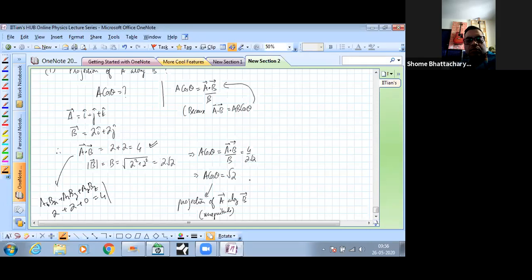Understood, no? 2 divided by root 2 is the same thing as root 2, no? 2 by root 2 is the same thing as root 2. Yes, Ayusha, that's correct. Dhruv, it's correct, the second part you got.